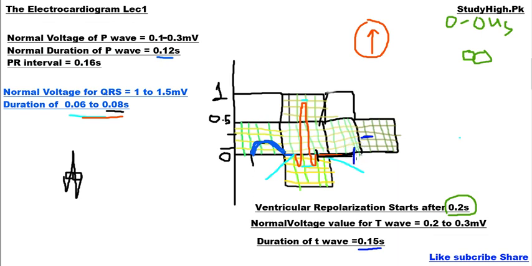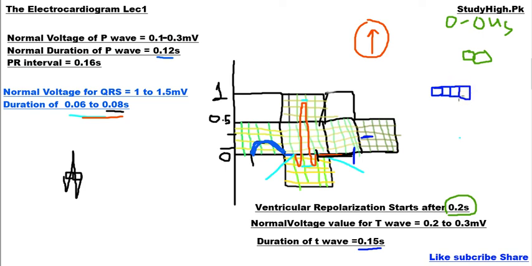So how many small boxes will be covered by 0.15 second? The T wave will consist of approximately 3.9 small boxes. 1, 2, 3 small boxes equal 0.12 second, and 4 small boxes will be equal to 0.14 second.